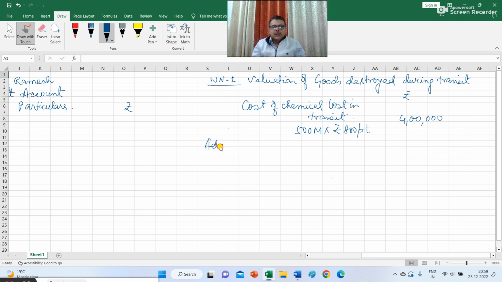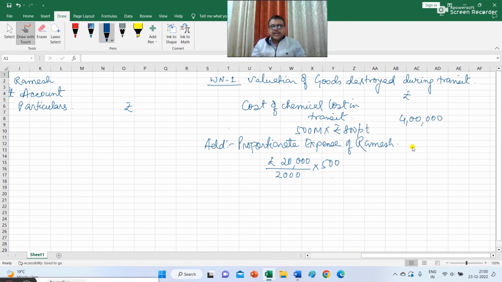At proportionate expense of consignor, that is the proportionate expense of Ramesh, who is the consignor. So he incurred 20,000 for freight and insurance for 2000 metric ton of chemical and 500 metric ton got destroyed.